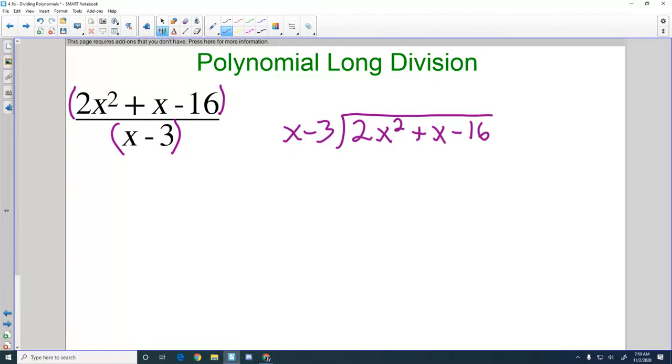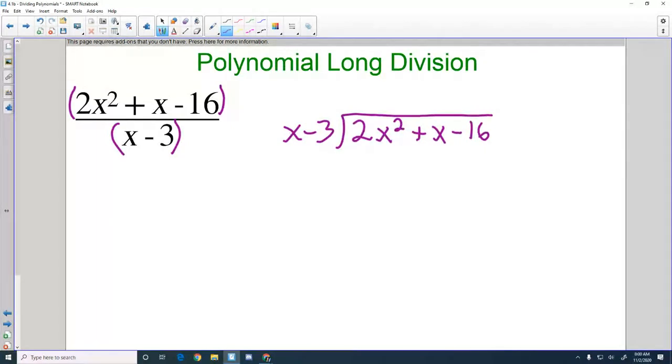Now there are two very important bullet points I mentioned on the previous slide. Number one, are both of those polynomials written in standard form with the biggest exponent first and then going down by 1 every time? They are. Second thing, do we need to put in any zero coefficients? Did I skip over an exponent from that leading one down?